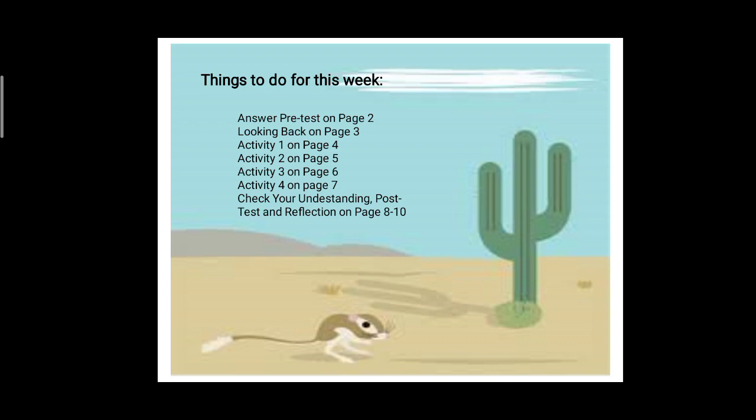That is on page 4. Okay, for activity 2, you are going to identify the ecological relationship of the organism based on the illustration. So, that is on page 5.